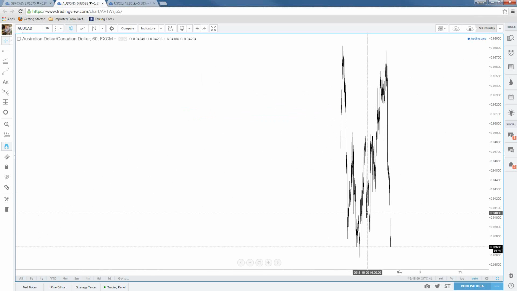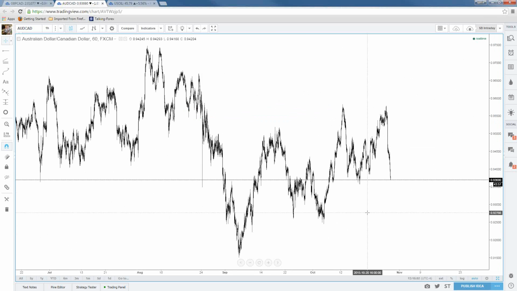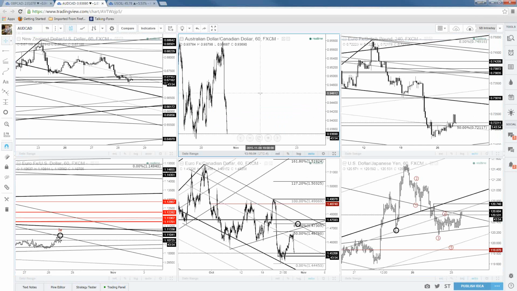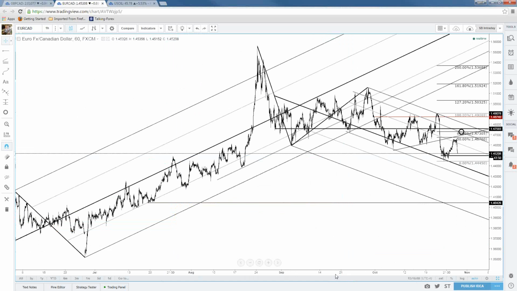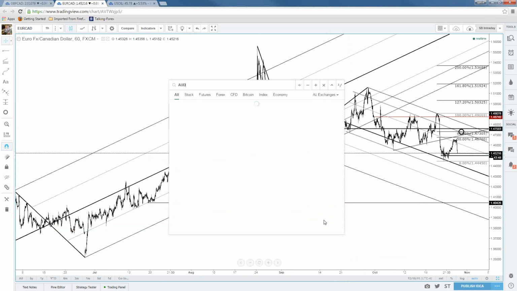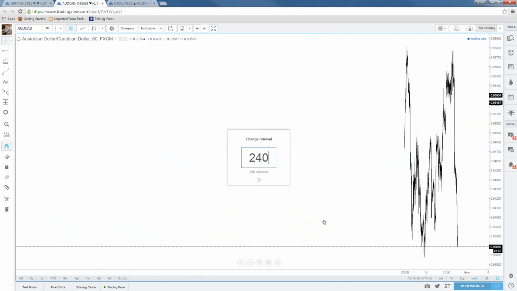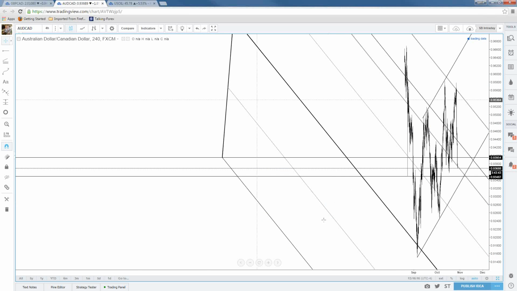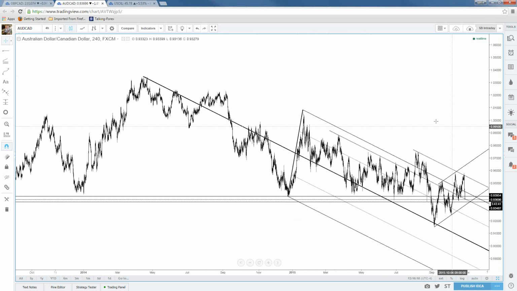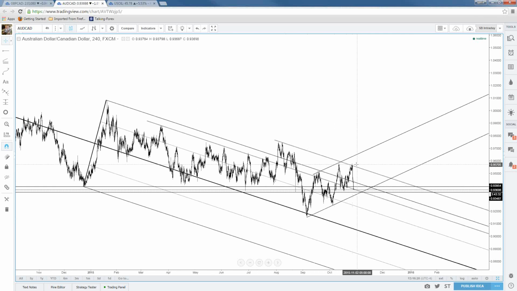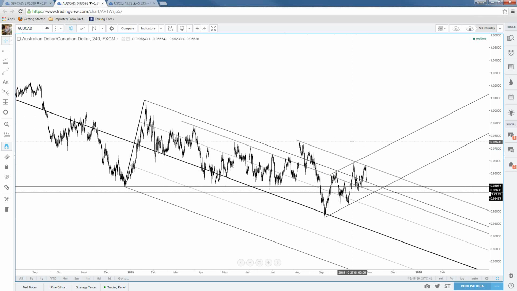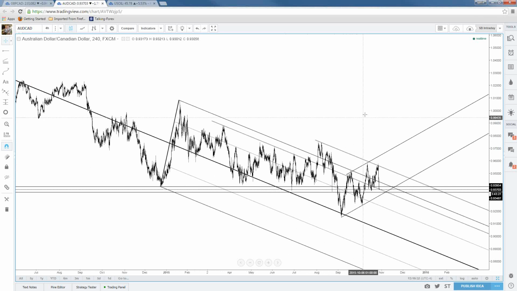Aussie CAD, I put one of these charts out last night too, I think. If we get to Aussie CAD though, okay, it's a 240-minute chart, so 4-hour chart, going back again to the high in April and slope resistance last night, kind of pinpointed it. You had a crappy, I guess, Australian CPI report come out.